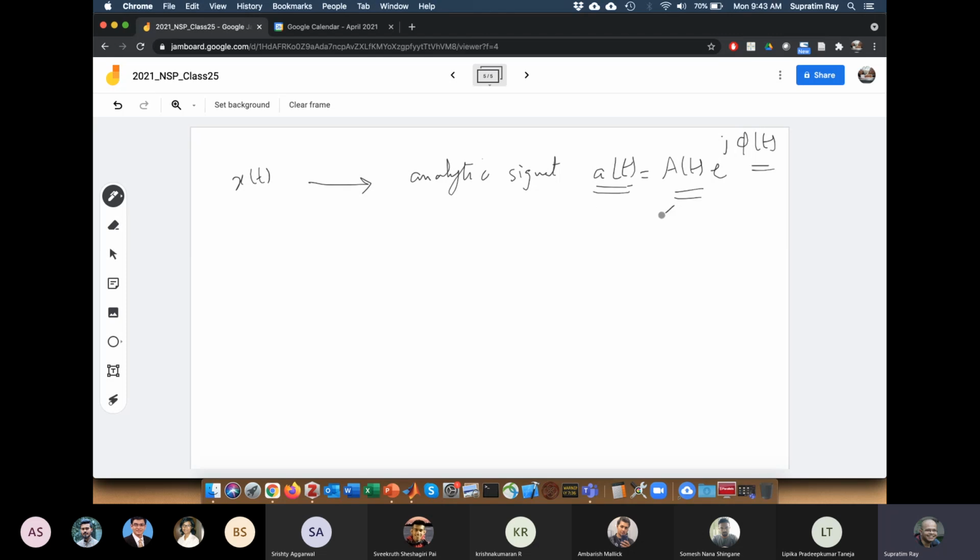And then the instantaneous amplitude of x(t) is given by this A(t), and the instantaneous phase is given by phi(t). And this could be done for any signal, not just a sinusoid. For a sinusoid, it will make A(t) a constant and phi(t) linear. And what is the analytic signal? The analytic signal is simply a signal whose Fourier transform, unlike the original signal, is just concentrated on one half. That's it.